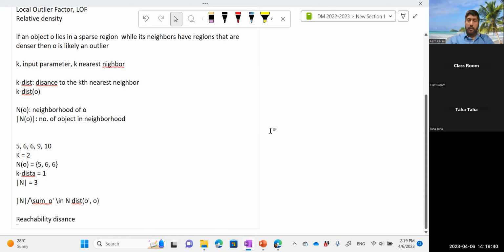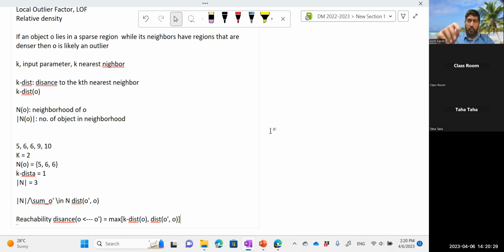तो reachability distance, ठीक है, so reachability distance of an object O, O prime से O का reachability distance क्या है, ठीक है, so this is defined as the max of two things, one is of course the k distance of the object O and then the actual distance between O prime and O, ठीक है, so what does this mean, so basically it's essentially meant for smoothing.